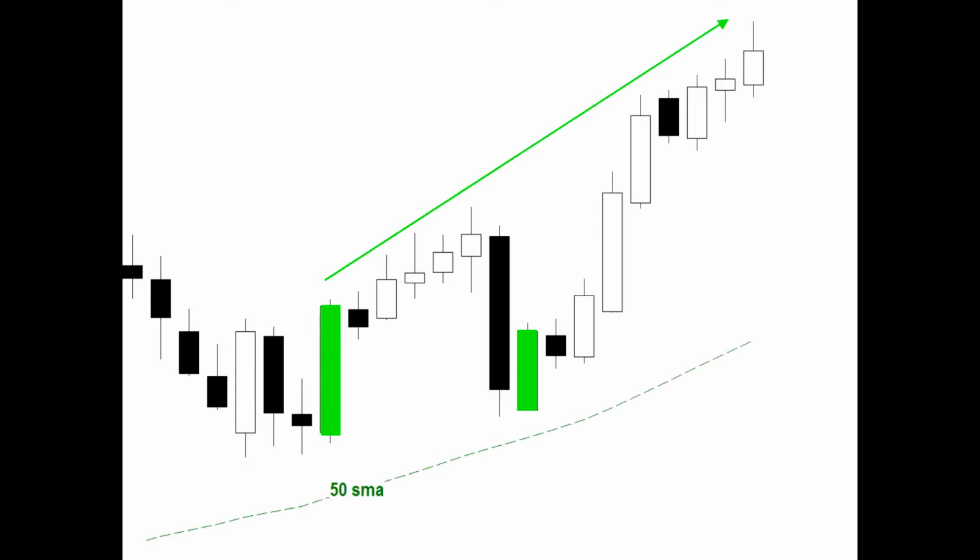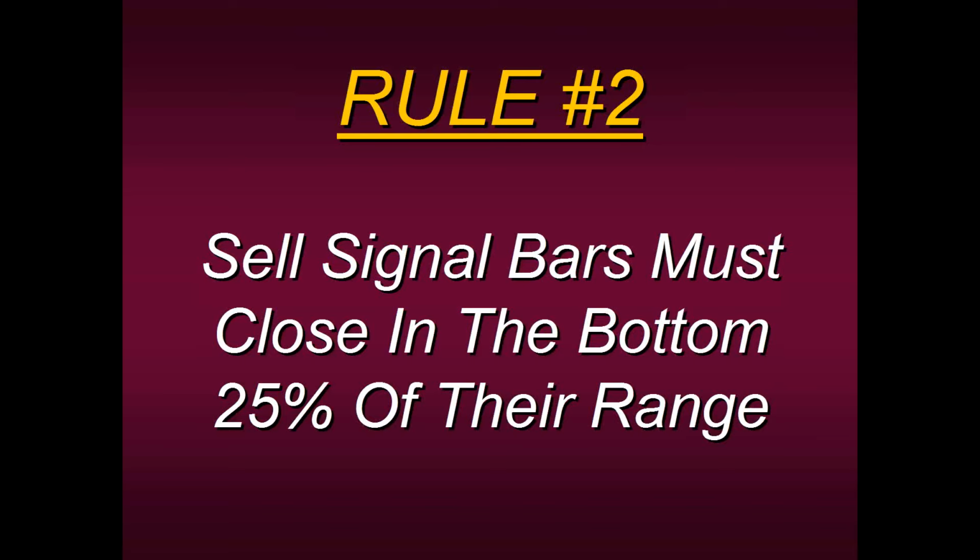Now, the same thing can happen to the downside. Let's say price is below the 50-period moving average and you're waiting for the earnings to come out, and the earnings come out and wow, they're terrible. And you say to yourself, that's a sell signal, okay? But what if the bar closed in the top portion of its range? Well, you shouldn't sell then. What you want to do is wait, because sell signal bars must close in the bottom 25% of their range.